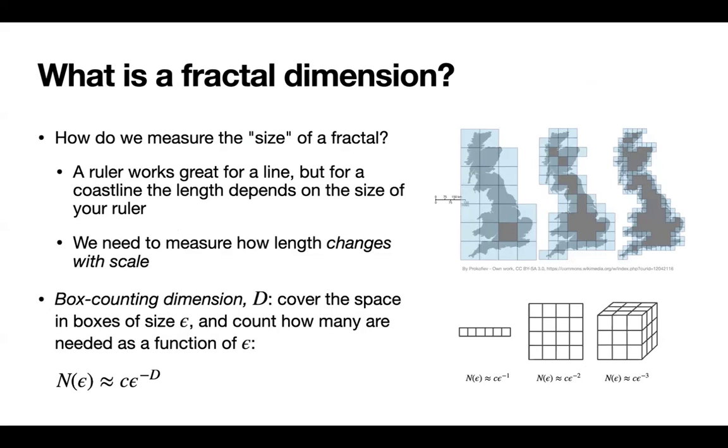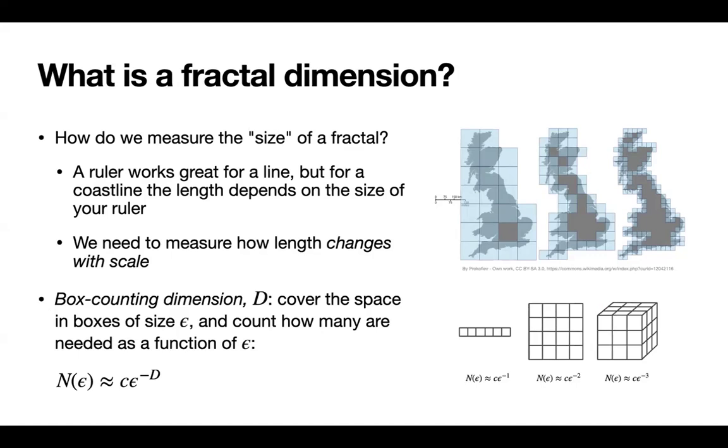So what you want to do is measure how the length of the coastline changes with the scale of my ruler. That gives you a quantification of dimension that's not dependent on a particular choice of length scale.